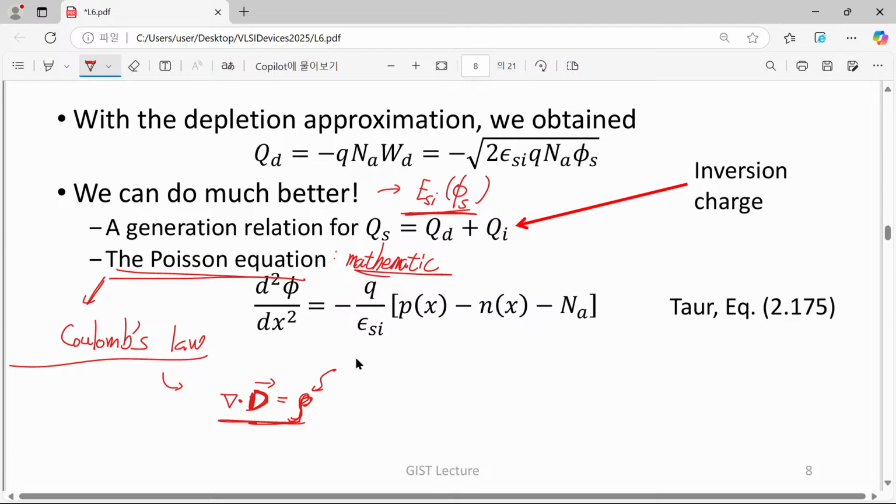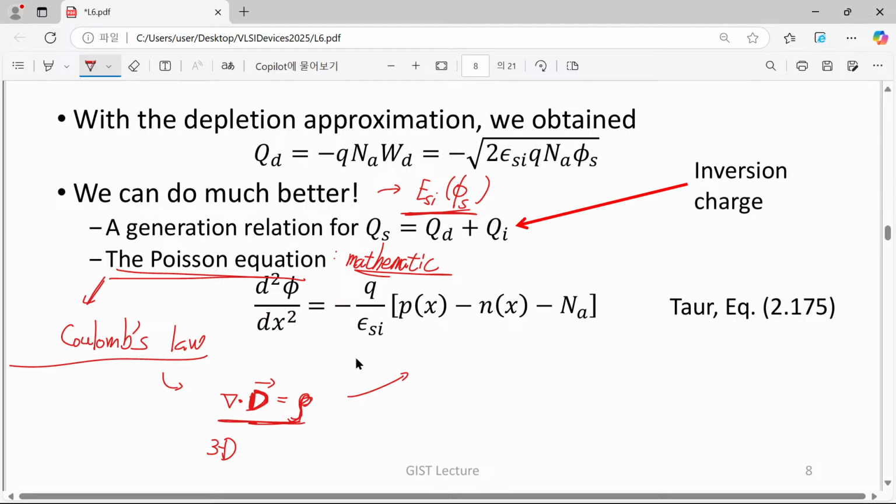This is the case. So let me just write down a more suitable form for our own purpose. This is generally valid for the three-dimensional case, but our system is just one-dimensional.